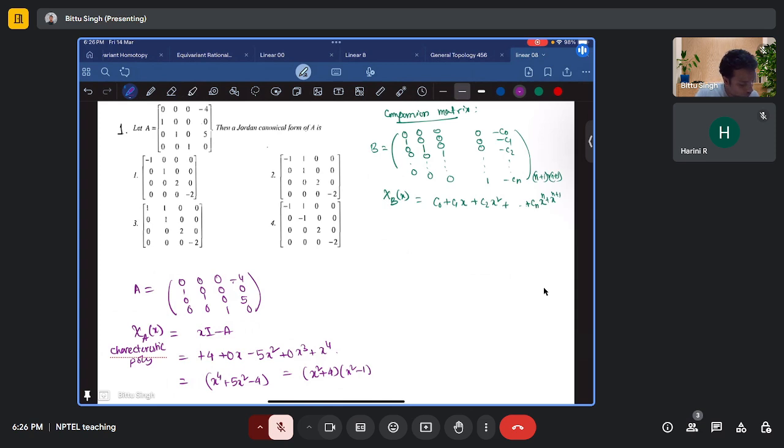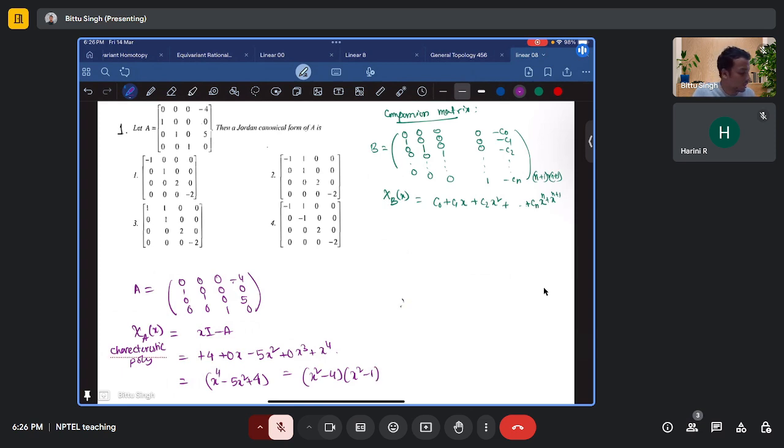So x to the power 4 minus 5x squared plus 4. Factorizing this we have x squared minus 4 into x squared minus 1.